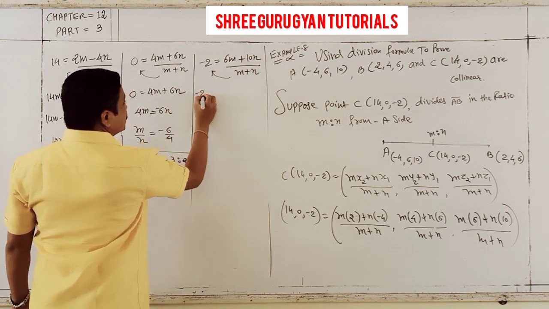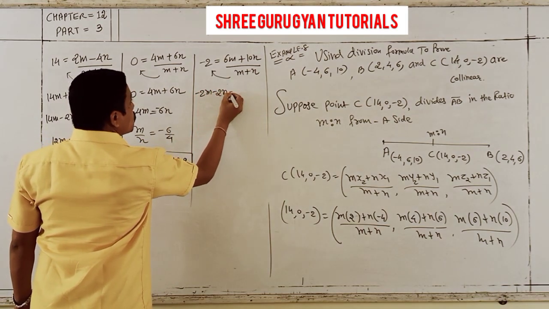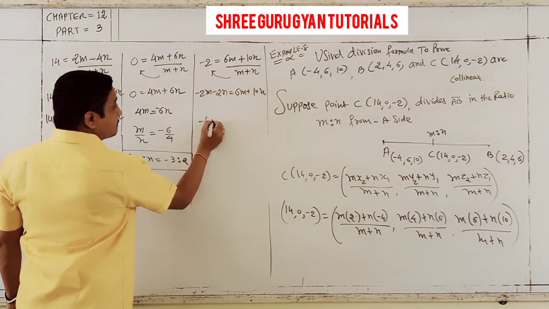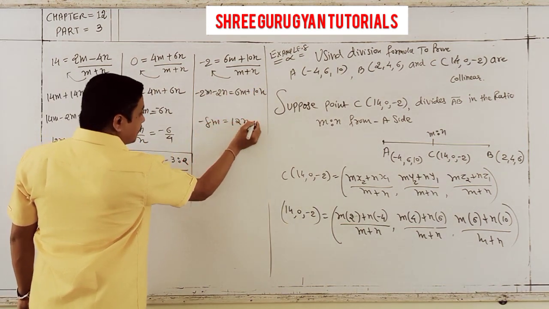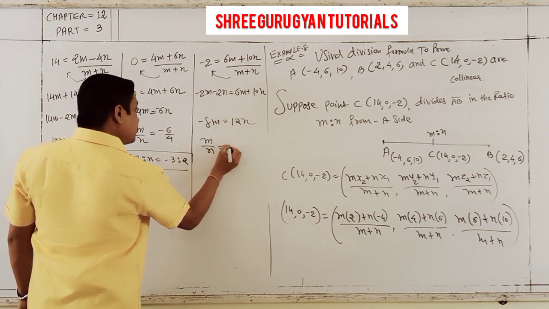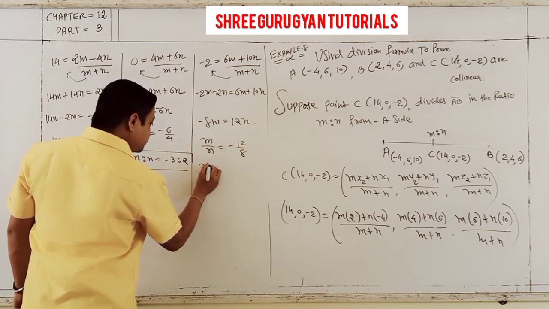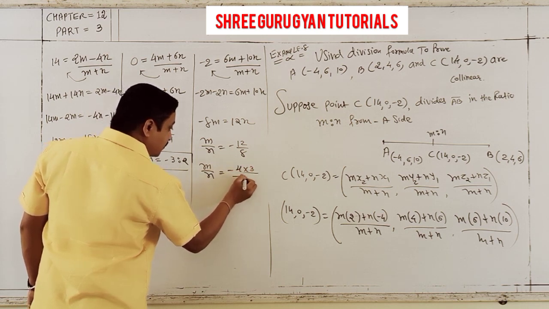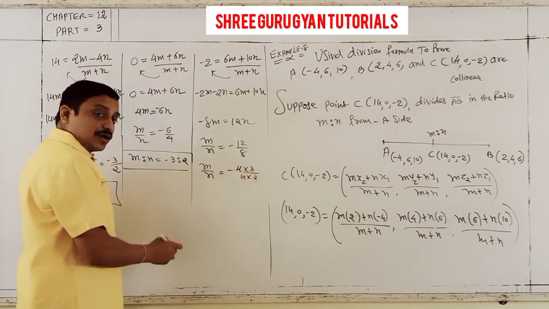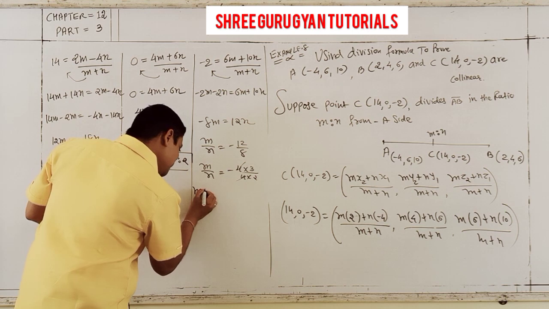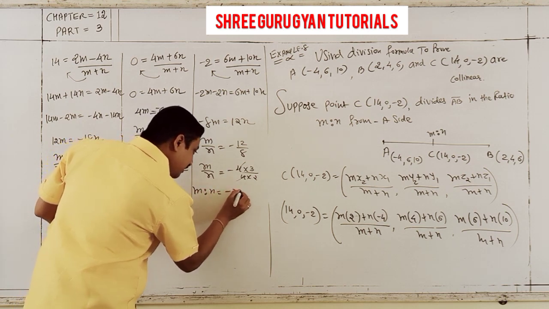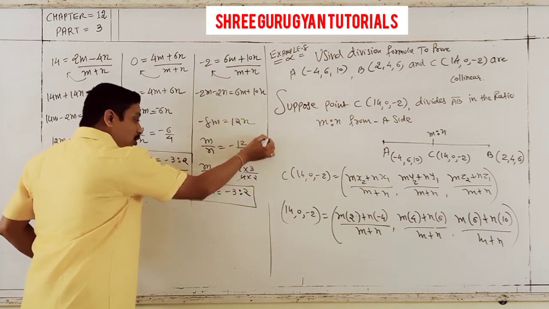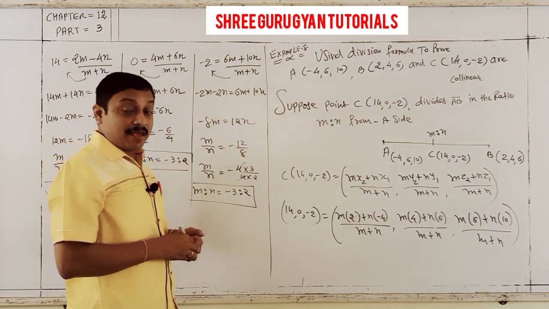Secondly minus 2m equals 6m plus 10n, so we get minus 8m equals 12n. So m by n is minus 12 by 8, which is minus 3 over 2. So your answer is, yes, m:n is minus 3 ratio 2. And check again whether all answers are the same.